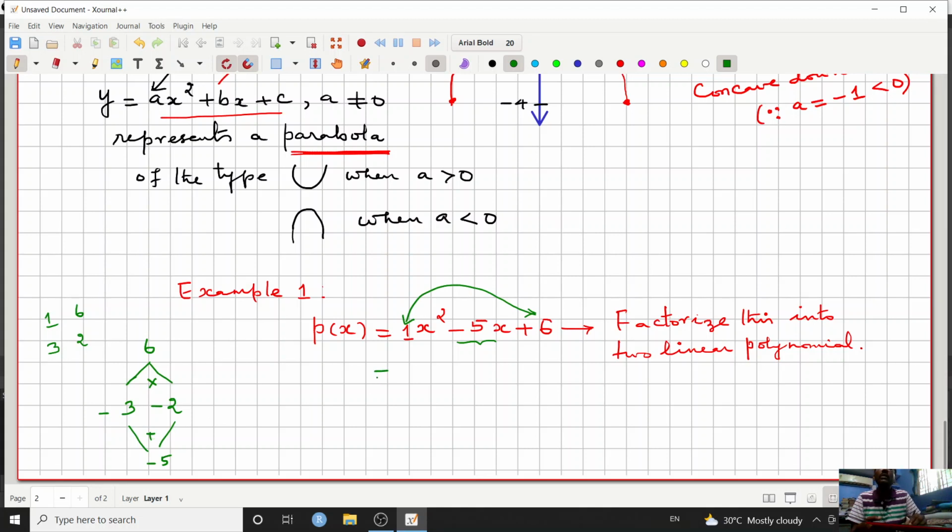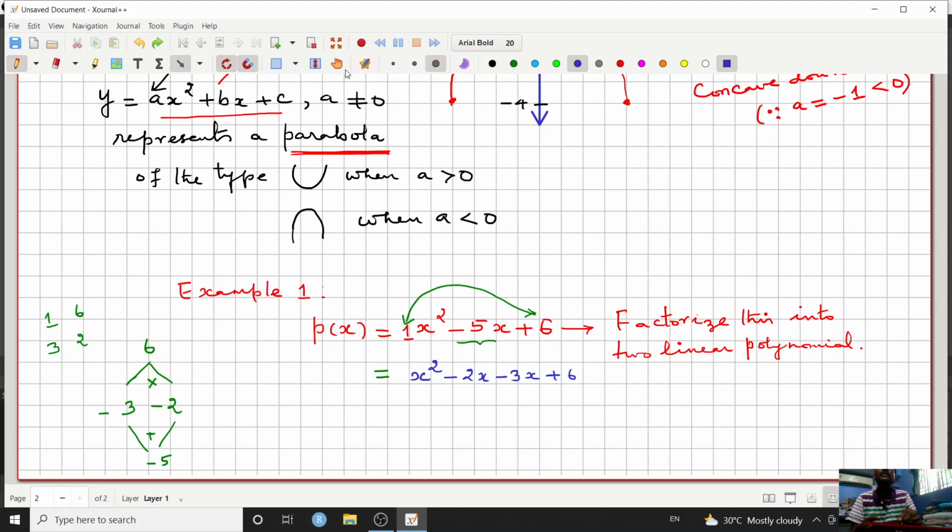This is what we call splitting the middle term. Why is it so? Because I am going to split this into 2, that is x square minus 2x minus 3x plus 6. So what I have done is, I have split this term.